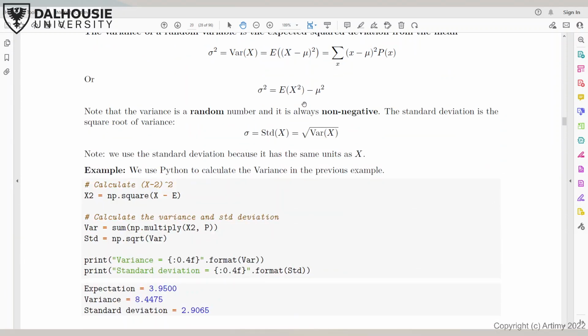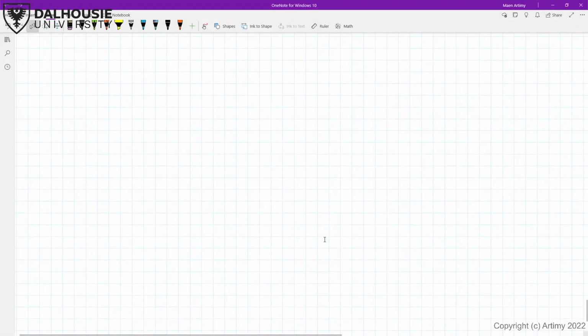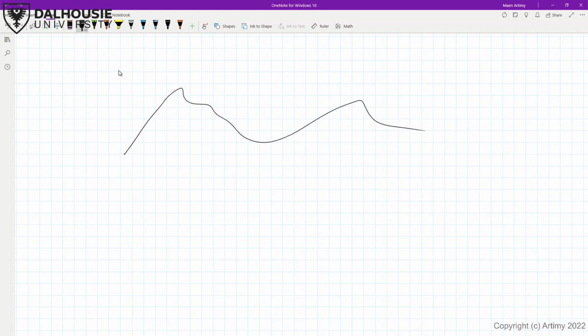Right. The last concept here is the covariance and the correlation. So let's go back to our example of the CPU and memory. So every time the CPU goes up, the memory will go up in a computer, right?